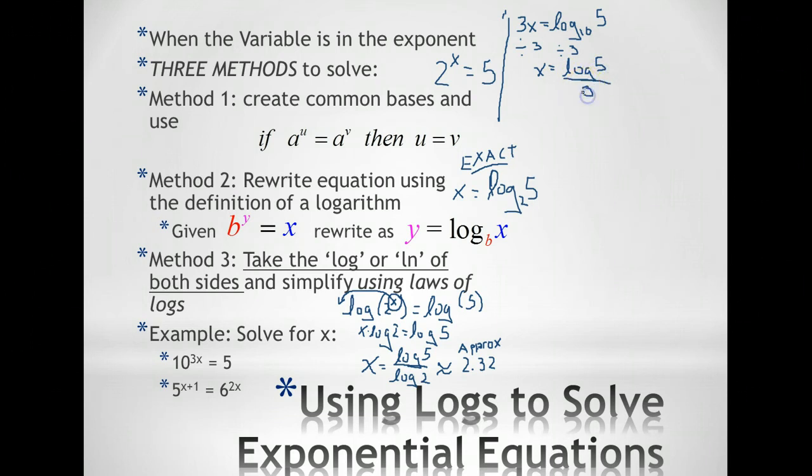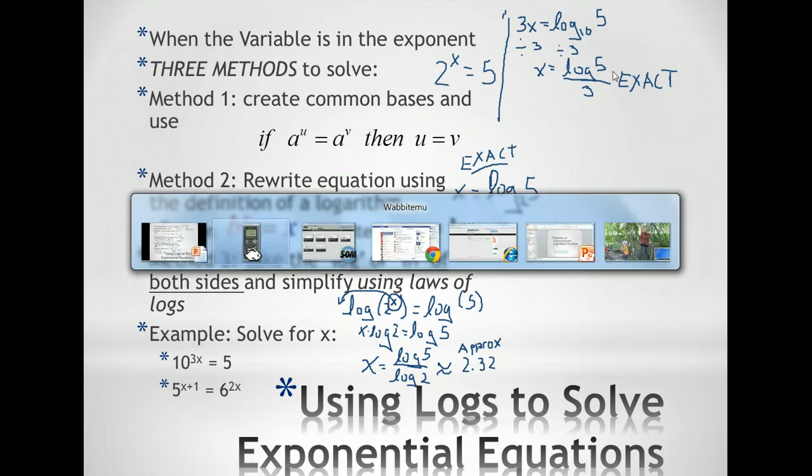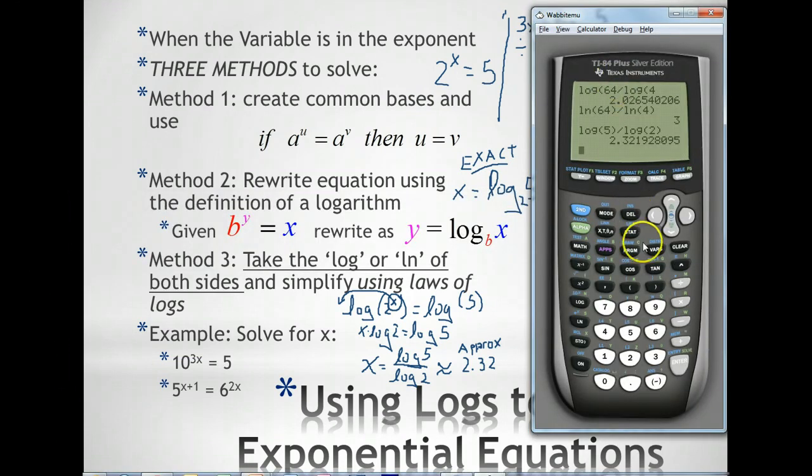Now again, this is my exact solution. If I want my approximate, I need to type it in my calculator. Do not move the 3 inside the log. Just like you wouldn't move a number outside a square root into a square root, the same thing applies here. So when we put it into our calculator, log of 5, I make sure I close parentheses, and then I divide by 3.